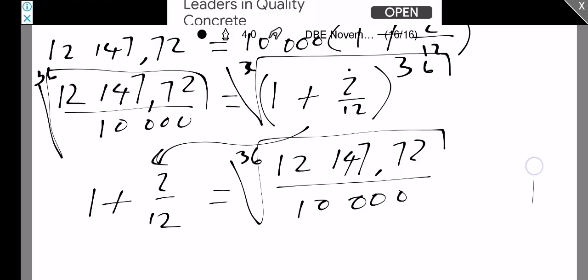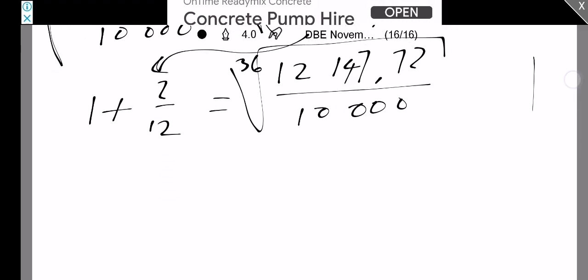Take the 1 to the other side and at the same time multiply by 12.